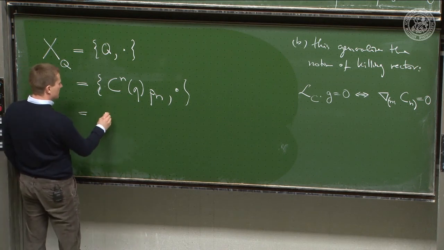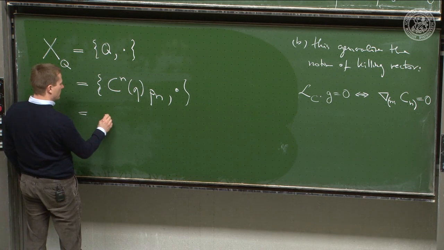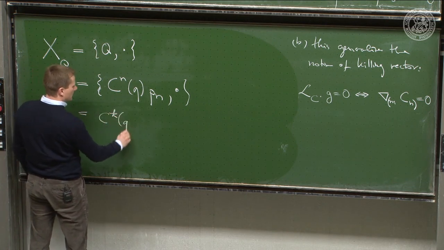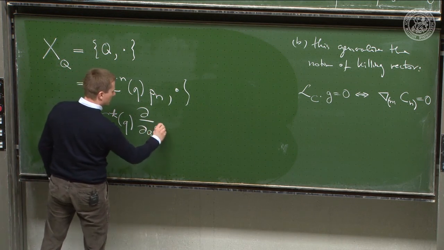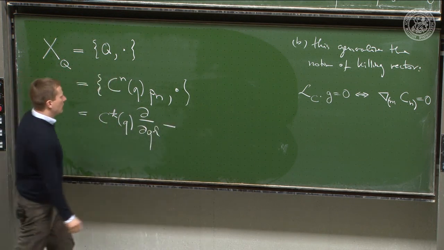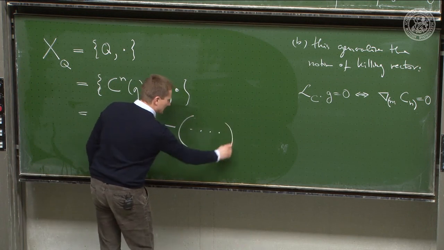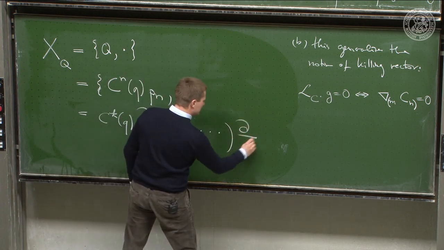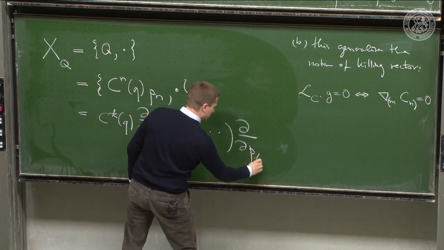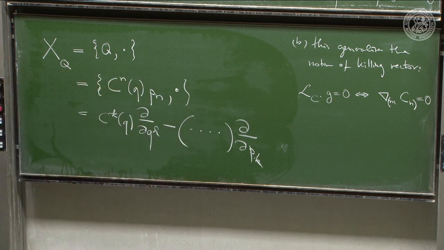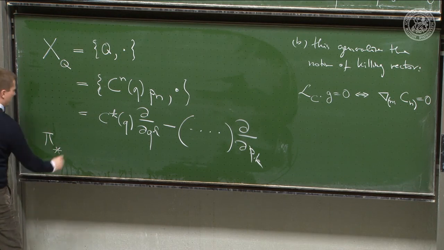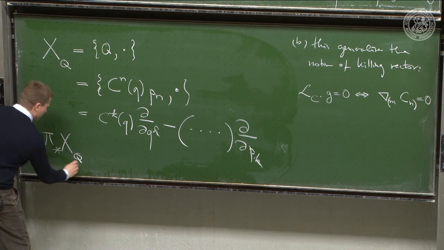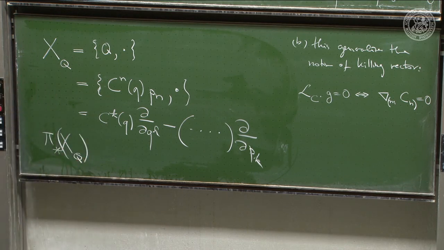So we take the derivative d by dp_k, but this gives you, of course, a c_k of q times d by dq_k minus, well, whatever comes, some term that's non-zero, d by dp_k. But now we want to check whether the push forward of this X_Q exists in the first place.